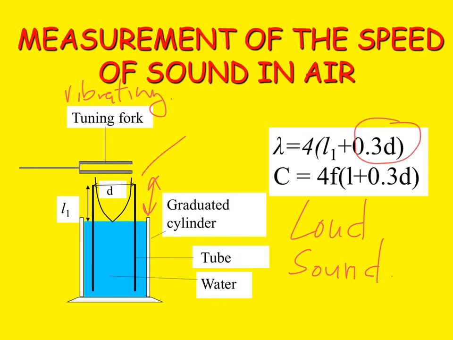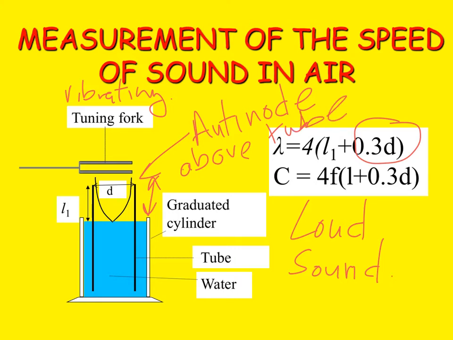That's because, as you can see in the diagram, the antinode, which is the top of that wave, is slightly above the top of the tube. And the amount it's above the tube is simply given by the diameter times 0.3, and it's a good end correction. It's called an empirical formula because it comes from experiment.